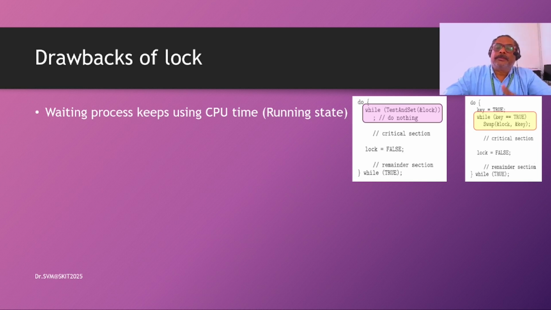So the CPU is still being used and it is running this. It checks test and set, busy, so check again, busy, check again, busy. Or on this side, swap and check what is lock, busy, swap again, what is lock, busy, swap again, what is lock, busy.